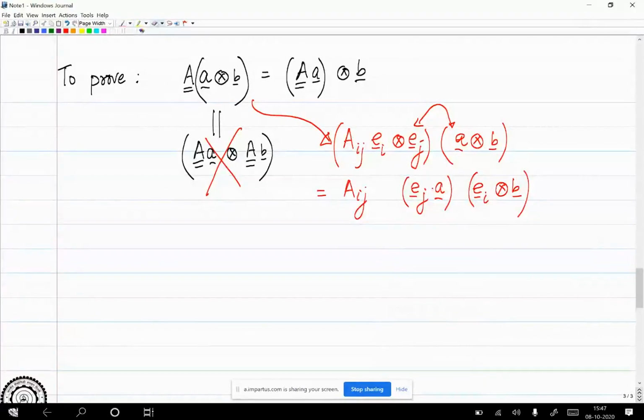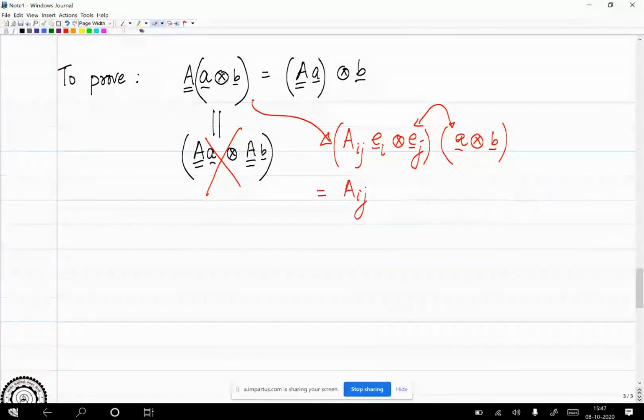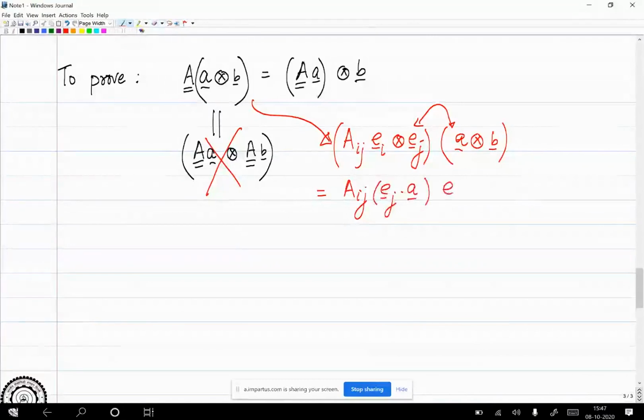Okay, maybe I should write it slightly differently. So this is basically Ej dot with A, of course, into Ei, and then you have tensor product B, correct? Now, can we show that this thing over here is AA? Can we show that?